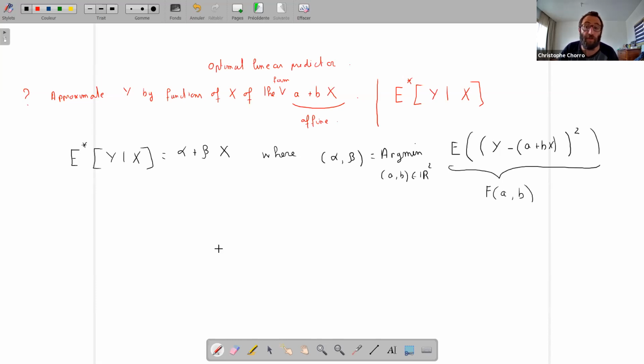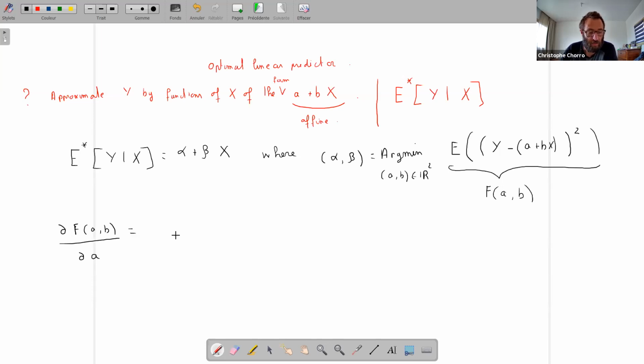So you have a course of optimization, and I hope that most of you are able to minimize a mapping depending on two variables. First of all, I have to solve the Euler conditions. That is, I have to consider the partial derivatives of the objective function and make them equal to 0.